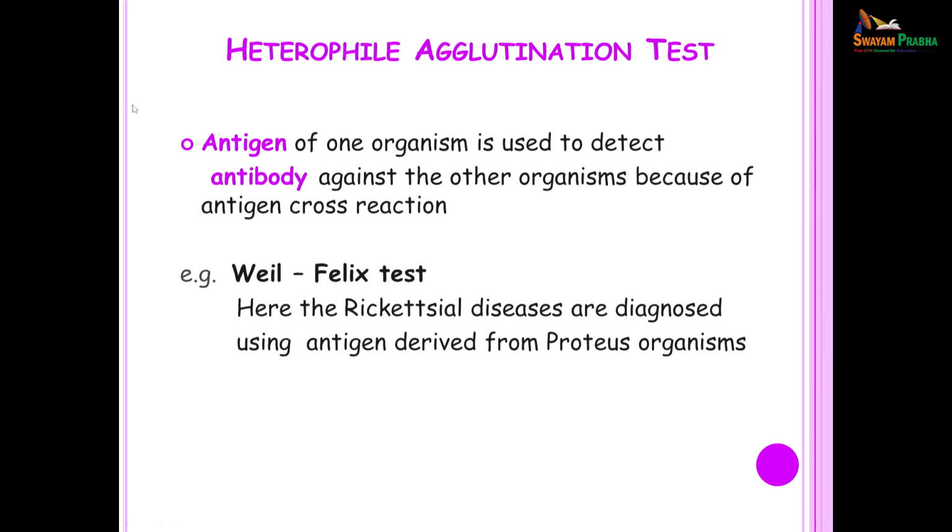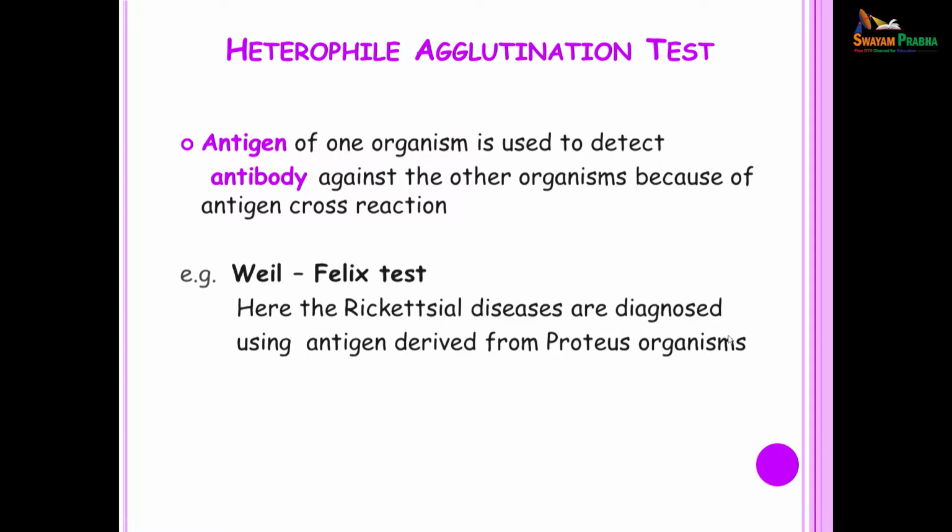The heterophile agglutination test is another tube agglutination test, but over here one organism is used to detect the antibody against another organism because of antigen cross reaction. Now, over here the Weil-Felix test is a very good example of that. So is the cold agglutination test as well as the Paul-Bunnell test.